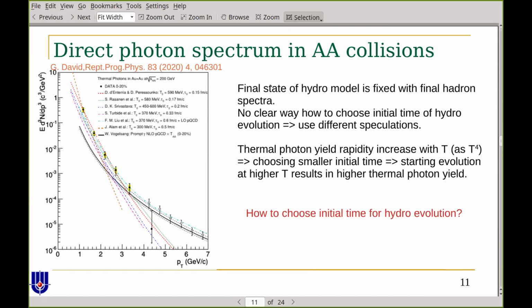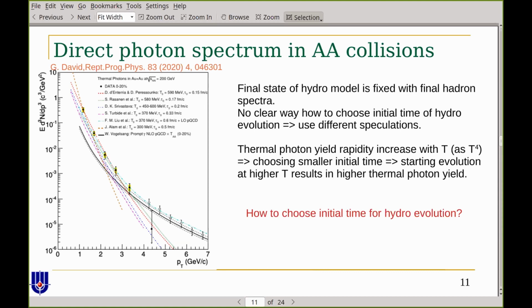As we have the hydrodynamic evolution fixed at the final stage to reproduce spectra of final hadrons, we have no strong argument for which initial time we should fix, and so far we can extend the start of our hydrodynamic evolution to lower and lower times, depending on some speculations and our belief in how fast our system comes to local thermal equilibrium.